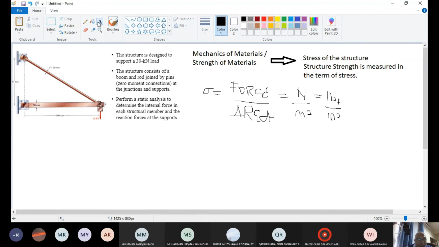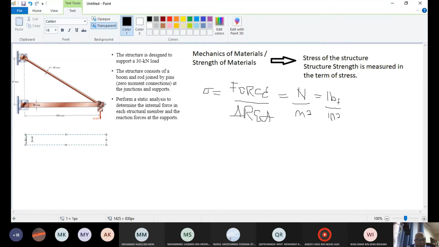Now let's look at this. First, what is the most important thing that you need to do in analysis? Methods of analysis. First, you need to understand the load or force, because the force divided by the area gives you the stress. Second, you need to understand the cross-sectional area of the member.